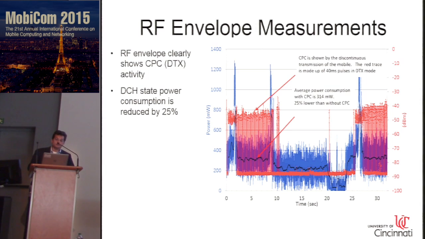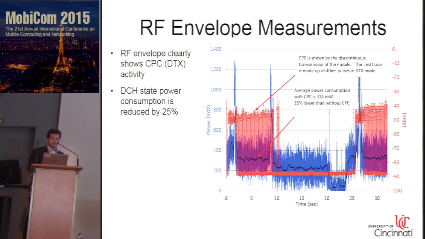So in the next graph, we see the energy consumption measurement for the same device with CPC, discontinuous transmission, and discontinuous receive enabled. With CPC DTX, the transmit cycle is clearly visible and is shown by 40 millisecond pulses.